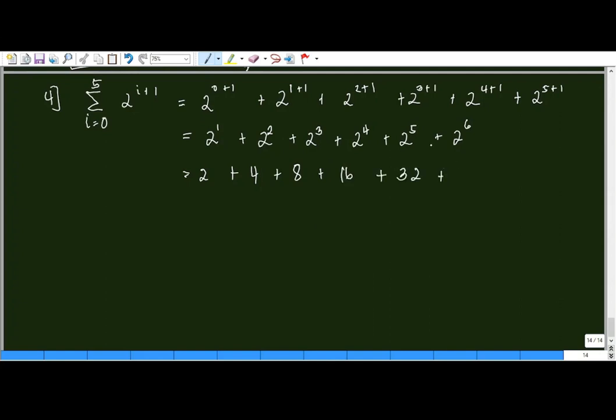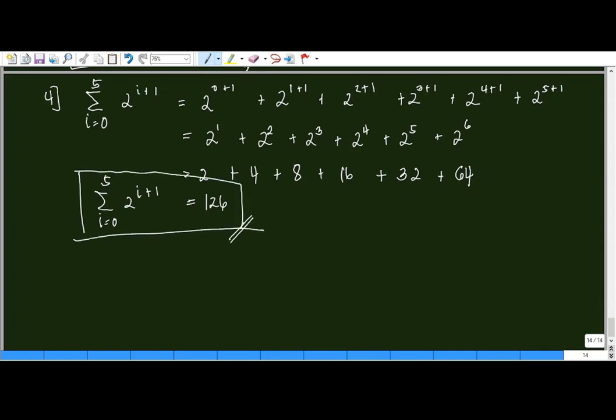That is 2 raised to 6, that is 64. Inputting that in your calculator, my answer here is 126. So the sum of 2 raised to i plus 1 from 0 to 5 is equal to 126. That is my answer.